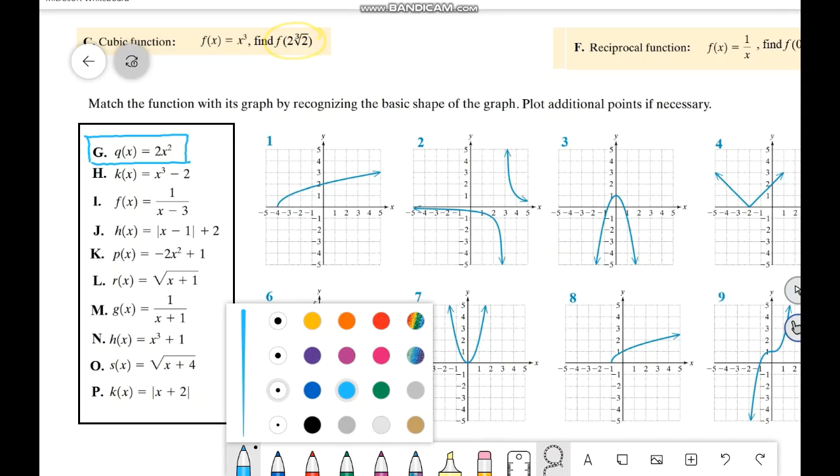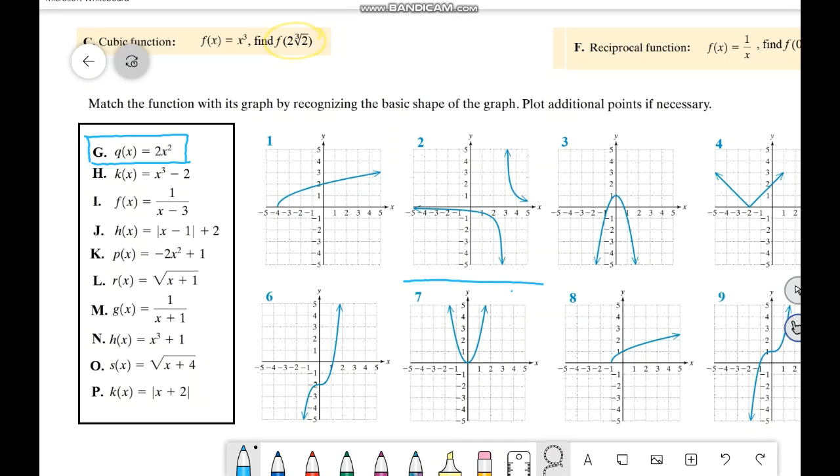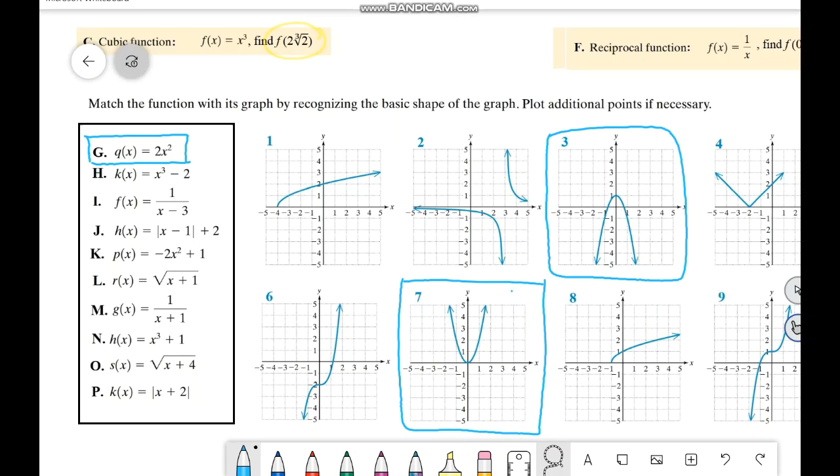That means the parabolas. This is a parabola, right? And another parabola is here. It's upside down, but it's still a parabola, right? The shape is of a letter U, upside down, but it's still a parabola.